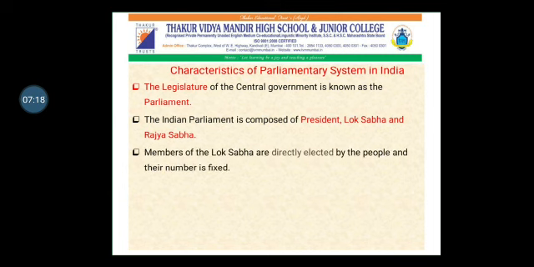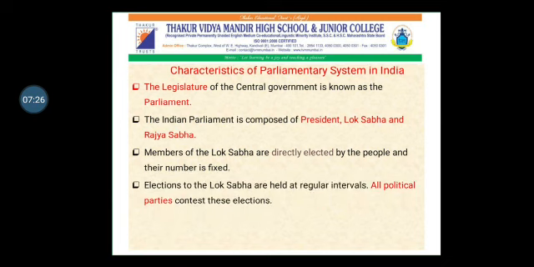Members of Lok Sabha are directly elected by the people and their number is fixed. There are 545 members in Lok Sabha. Elections to the Lok Sabha are held at regular intervals. And remember that all the political parties contest these elections.